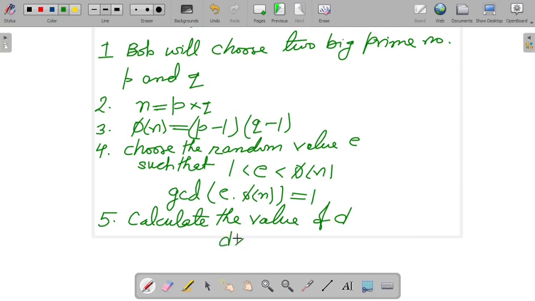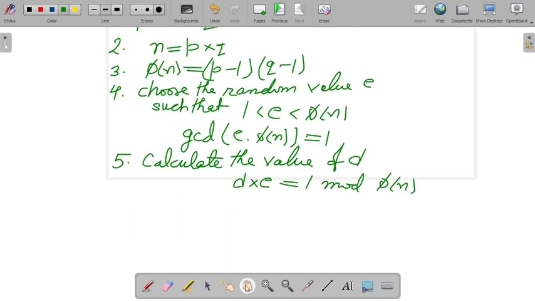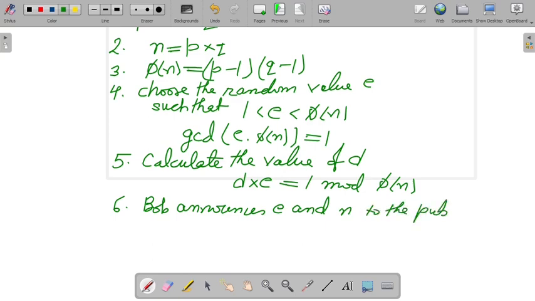D is calculated like this: D multiplied by E is equal to 1 mod phi N. After that, in the last step, the sixth step, Bob announces E and N to the public and keeps phi N and D.